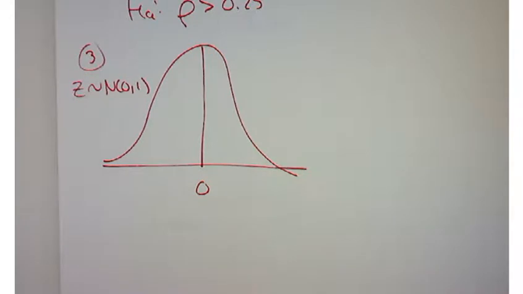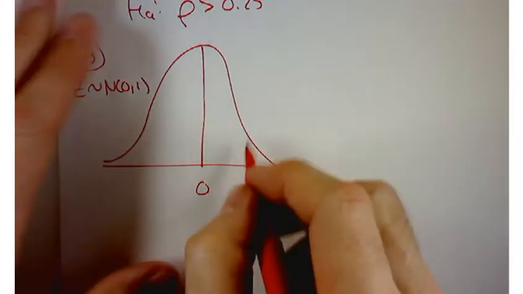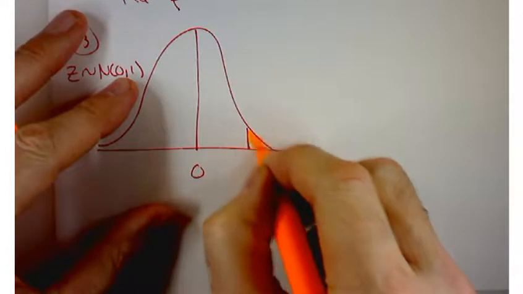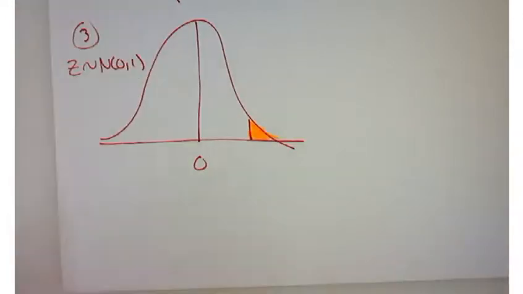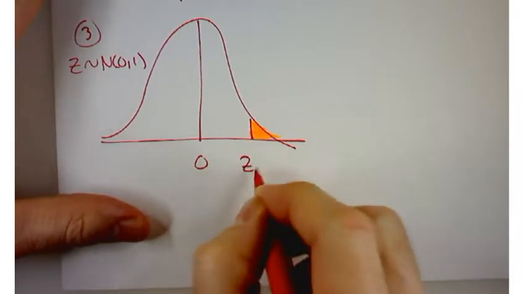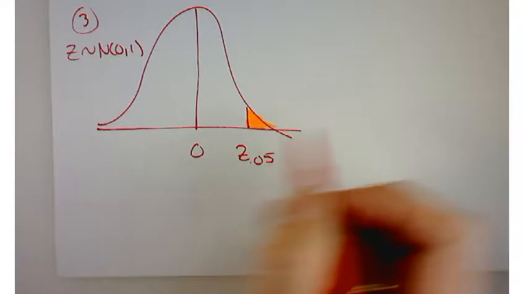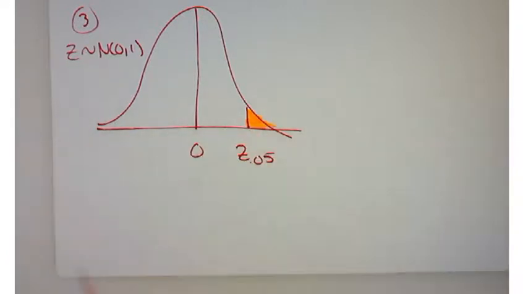A right tail test, 5% of the area is going to go in the right tail. And I believe we just did this one previous to me starting the video. You're going to have to be able to find for yourself z sub 0.05. That's going to be the point with 5% of the area in the right tail or 95% to the left.